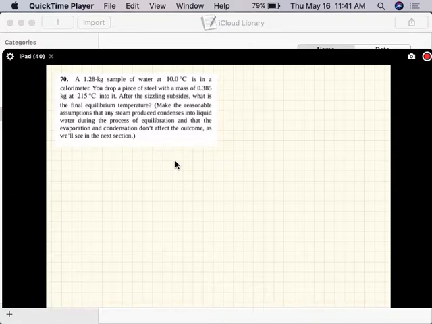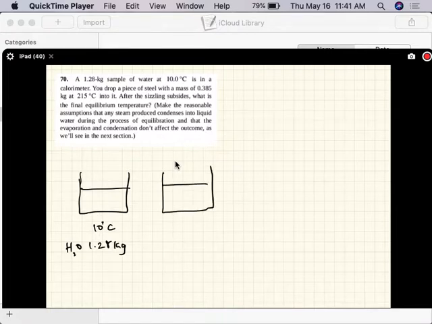Alright, so what you have is a calorimeter, and it's got 1.28 kg of water at 10 degrees Celsius, and then what you do is you drop a steel object in there, that was initially at 215 degrees Celsius, 0.385 kg.